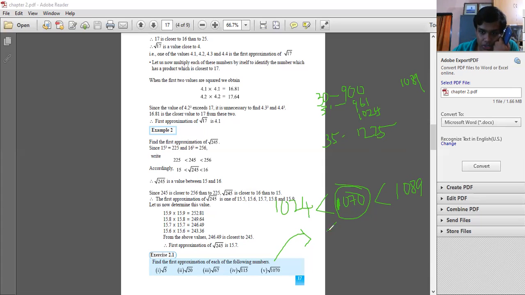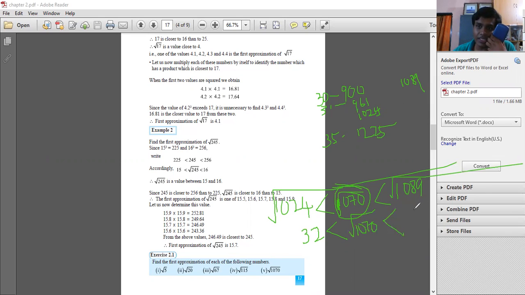Now we take the square root. 1024 will give you 32. The square root of 1089 will give you 33.